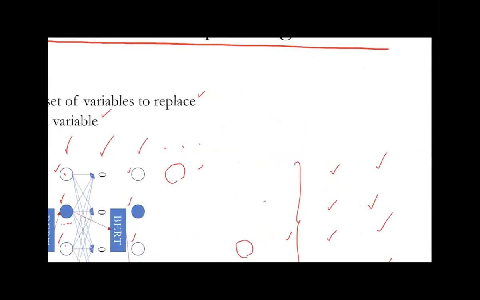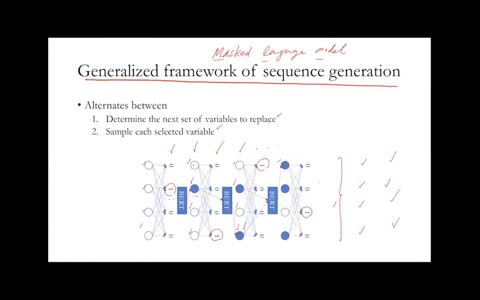This animation is showing the procedure one step at a time. We select what dependency, or conditional distribution, BERT needs to compute. And then from that distribution, we sample the next word. Given that, we select the next conditional distribution BERT needs to compute, and we sample from it. Then given these two, we decide on the next conditional distribution BERT needs to compute, and we sample from it.